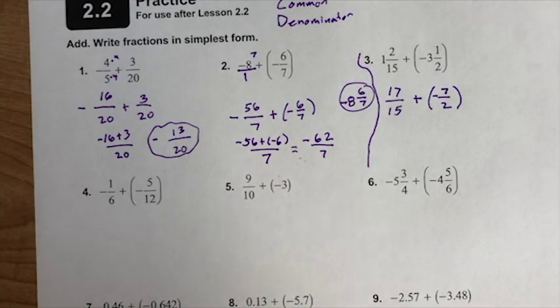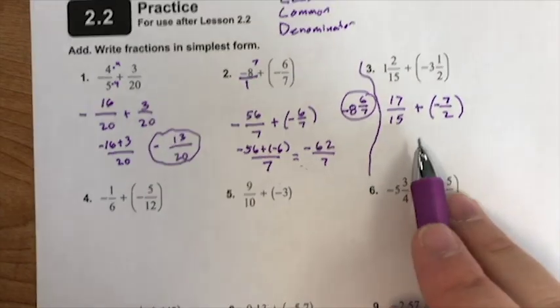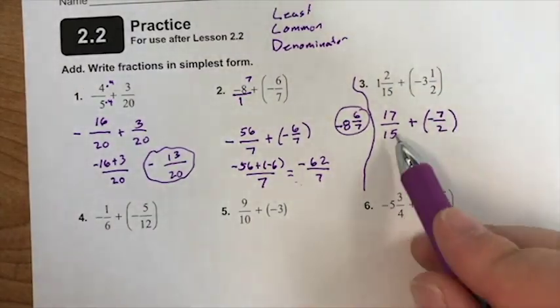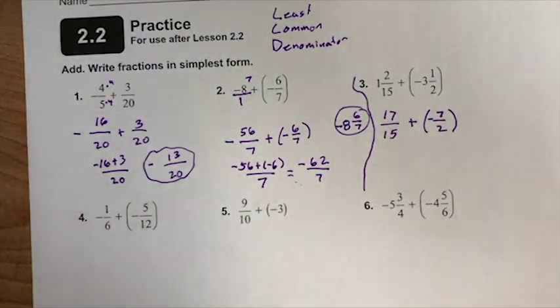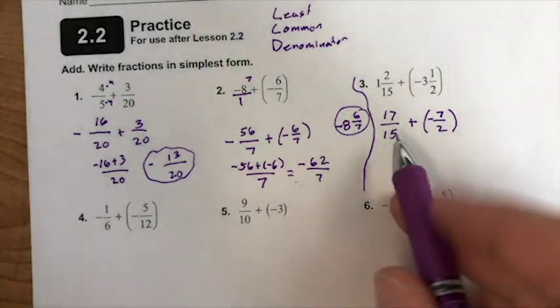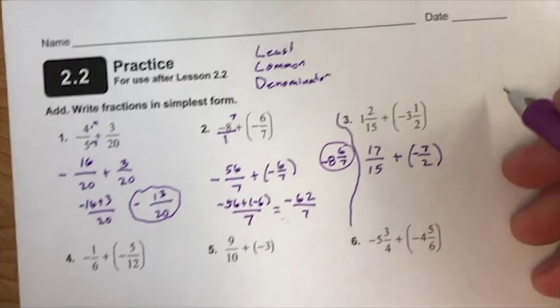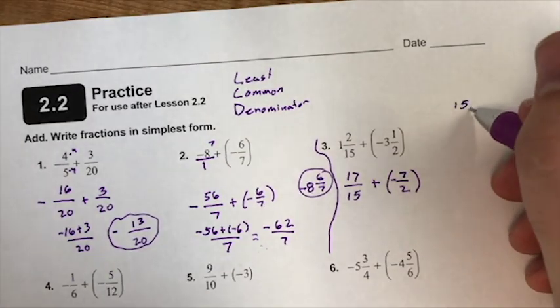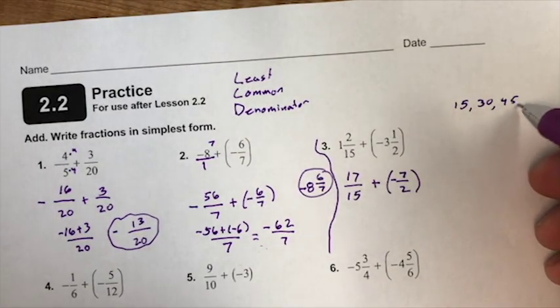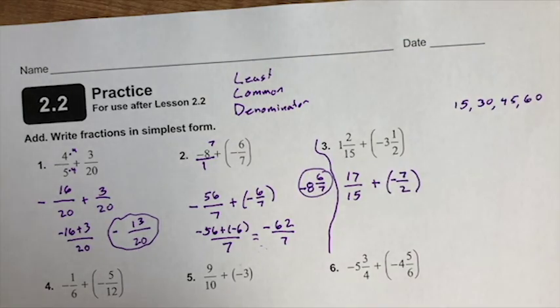Well, there's a couple of ways that we can do that, but the easiest way is probably just to multiply. And I know this from doing this multiple times, and you should do too, but let's just pretend this is how it is. I'm going to write this and count by 15s over the side. So I'm going to go 15, 30, 45, 60. All right, I'm going to stop there.